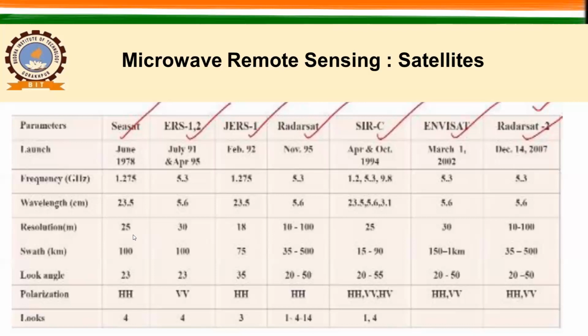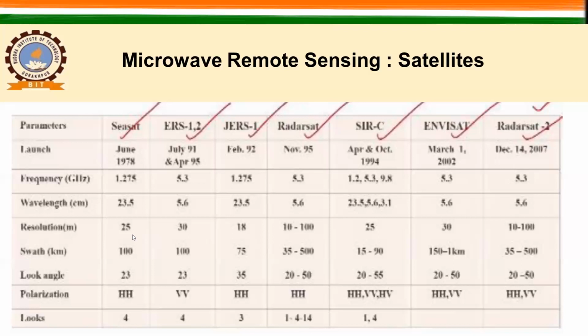As I mentioned earlier, this microwave remote sensing is completely different from your optical remote sensing. So here the imaging techniques which we use in optical remote sensing are not followed here. So to understand that, you have to understand what are the different imaging techniques we have in the microwave domain. So first is strip, then ScanSAR, then spotlight, then PolSAR, then InSAR.